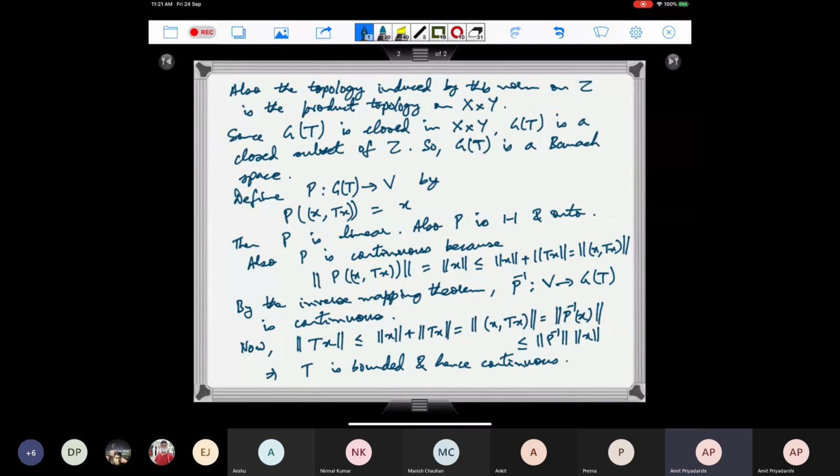In fact, it is important that X and Y are both Banach spaces. If either X or Y is not complete, then we can get an example where the graph of T is closed but T is not continuous.